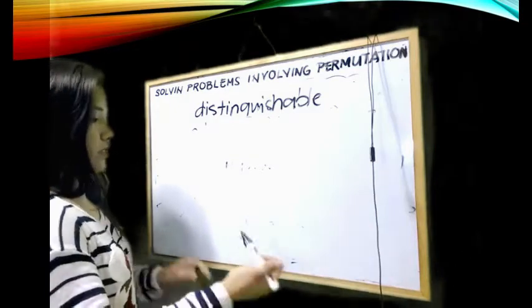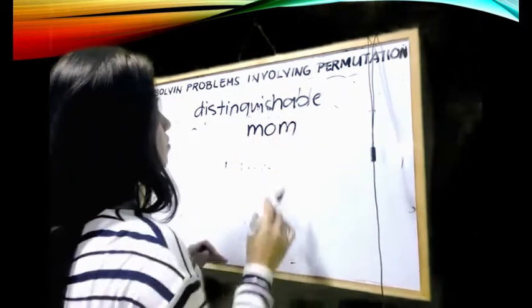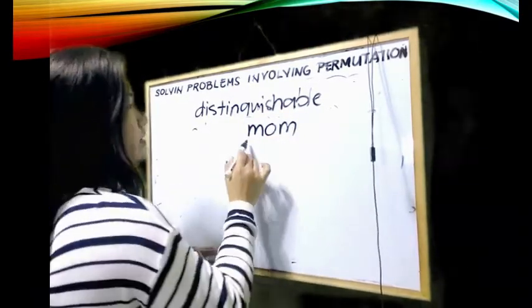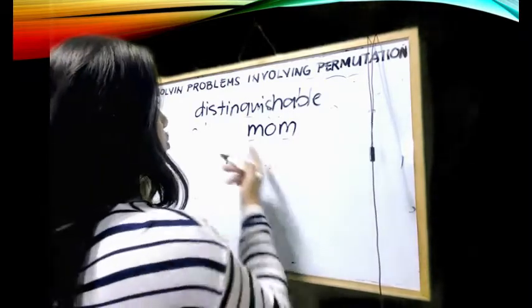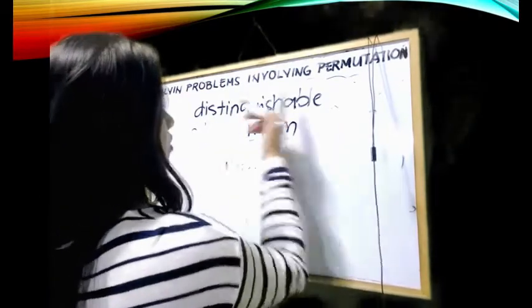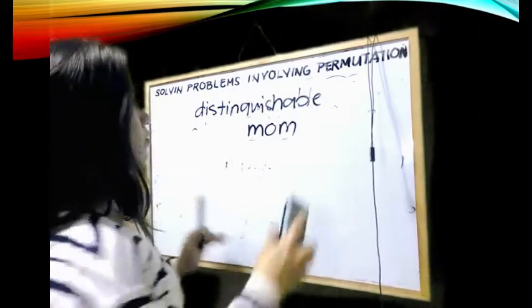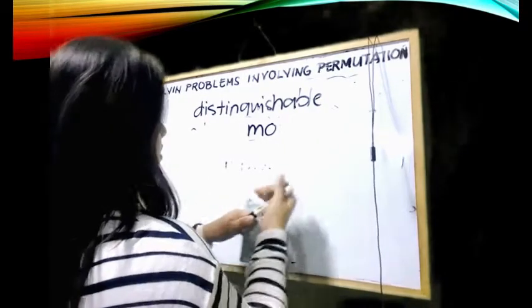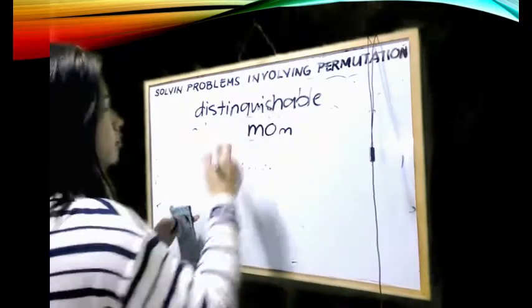objects. It's just like in the word mom. You want to find out in how many ways you can arrange these letters from the word mom. You can see you have two letters that are being repeated. So you cannot recognize one M from another one. You cannot tell which is the first letter or the last letter, unless you write the second M as a small letter m, so you can make your combinations.